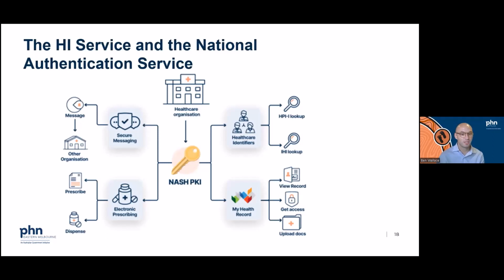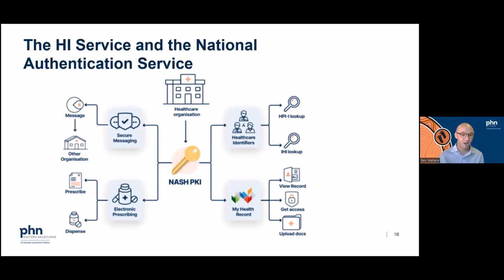Now, I'm sure we all remember having to transition from NASH SHA-1s to SHA-2s. Well, the NASH, or the National Authentication Service for Health, is a public key infrastructure solution, or PKI. This meets the Australian government cybersecurity requirements and ensures that health information is secure.